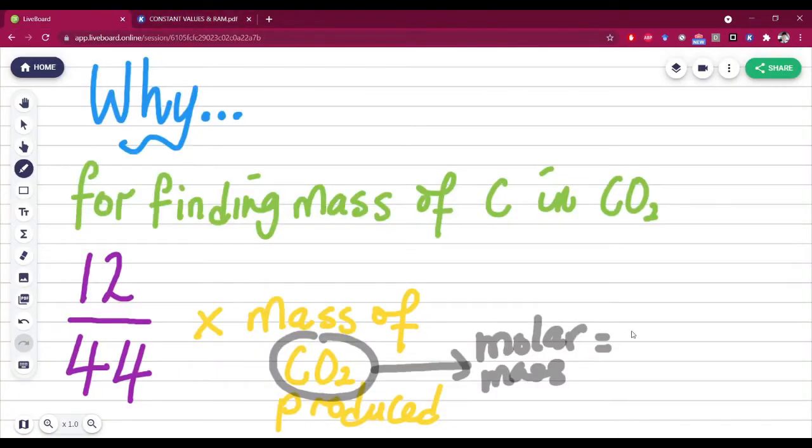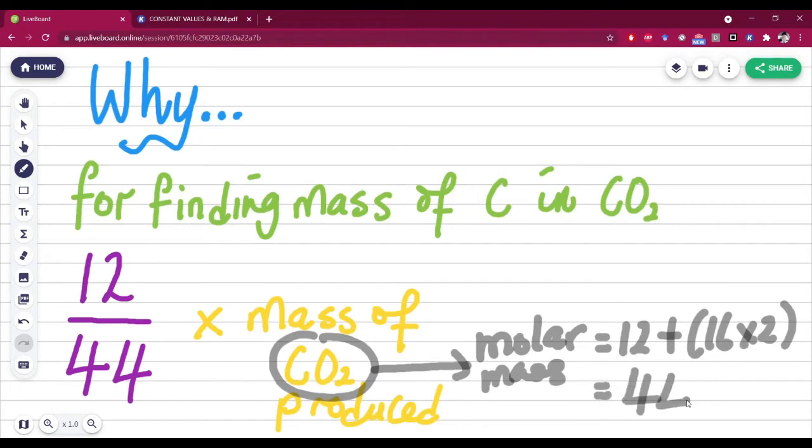So you have 12 plus 16 times 2, and that gives you 44 grams per mole, isn't it? You can double check.